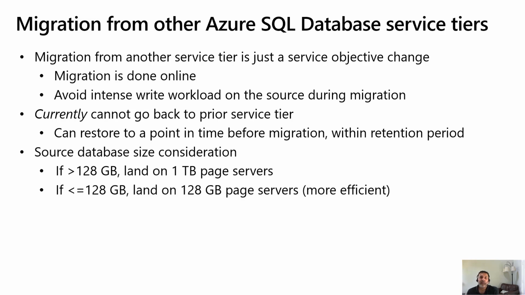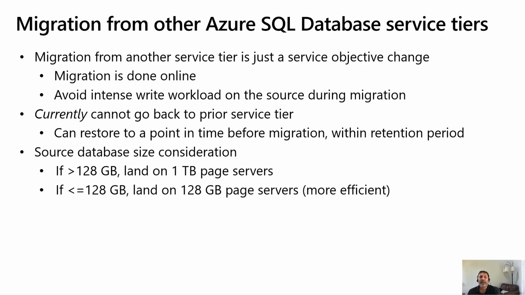And then there is a source database size consideration. If your database file size on the existing tier is already greater than 128 gig, you land on something called 1 terabyte page servers. When we GA'd the service, we started with 1 terabyte page servers.